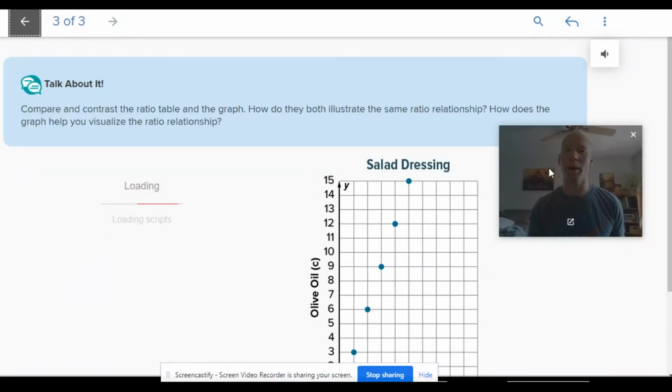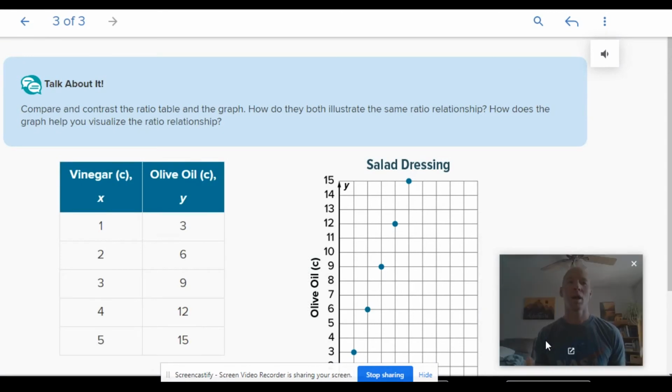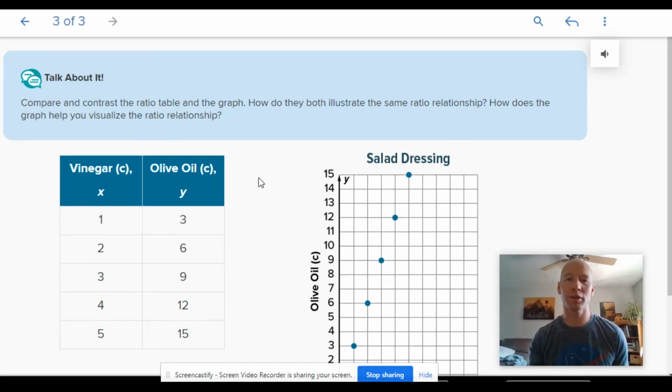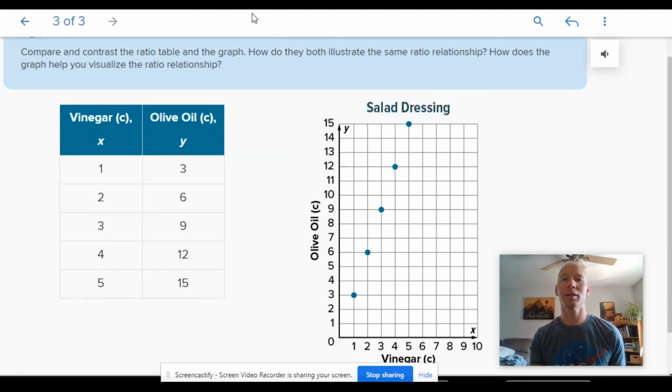So now talk about it. Compare and contrast the ratio table and the graph. How do they both illustrate the same ratio relationship? I want you to think about that. And maybe show a parent, show your brother, show your sister. Now, how does the graph help you to visualize the ratio relationship?